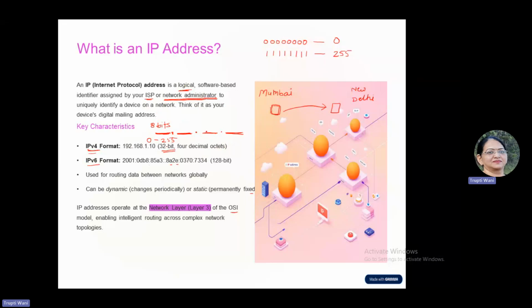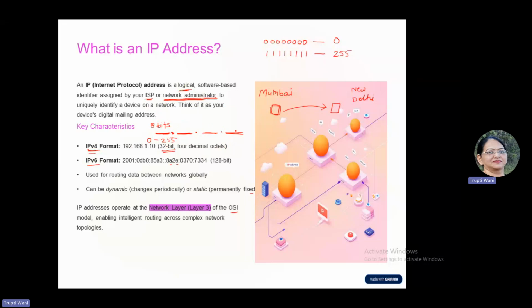So total 4 octets. These octets are separated by dots and form a total of 32 bits. So with a combination of 0 and 1, 8 bits here, 8 bits here, 8 bits here, 8 bits here, total 32 bits, and all these are separated by dot.